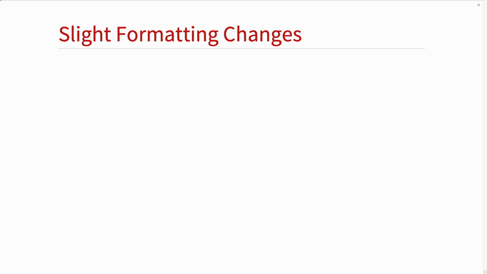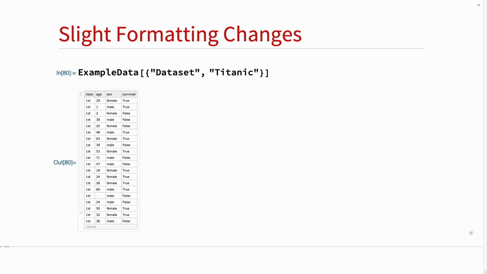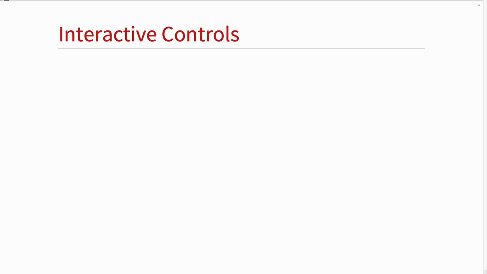So the first thing you'll see is a very slight formatting change. The scroll bar here is grouped with the content with a frame. What you don't see immediately are some new interactive controls.